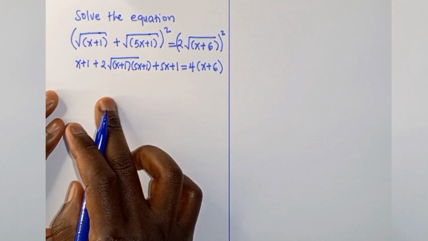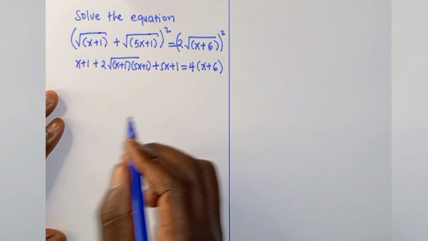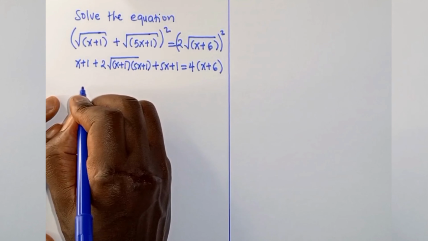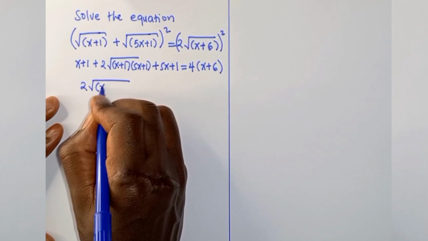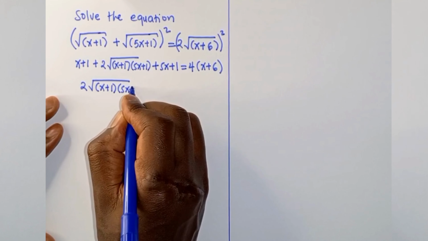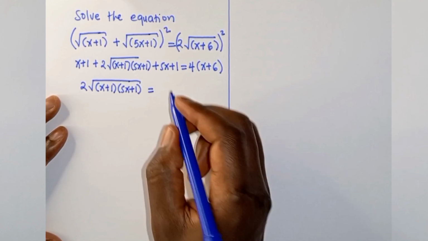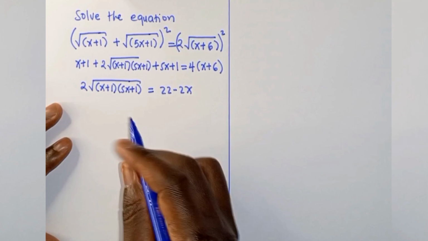Now, doing some simplification and rearranging, collecting like terms together, we realize that you will have 2 square root of (x plus 1) into (5x plus 1) is equal to 22 minus 2x.